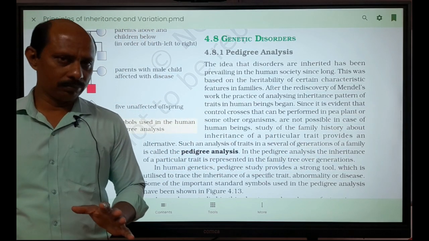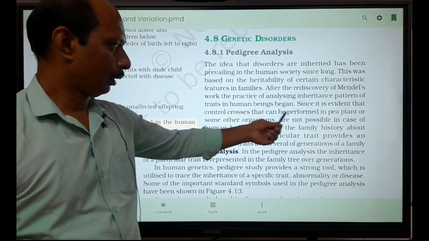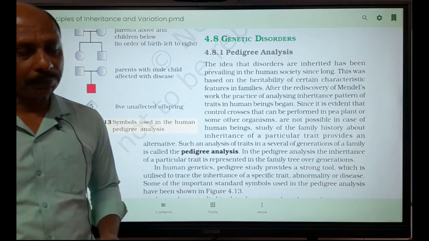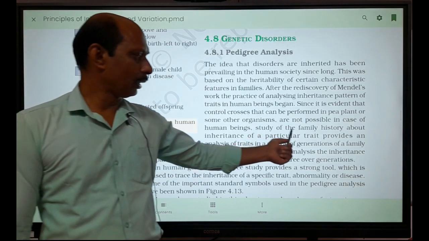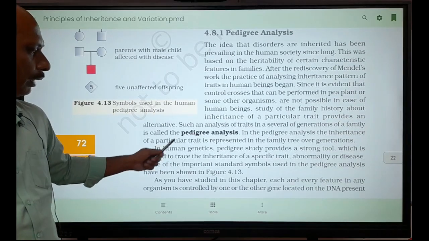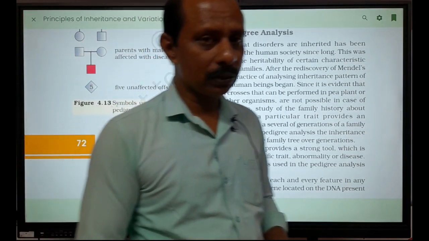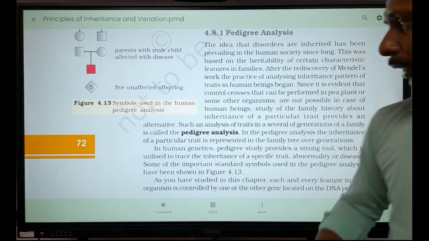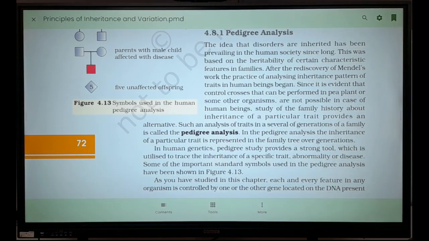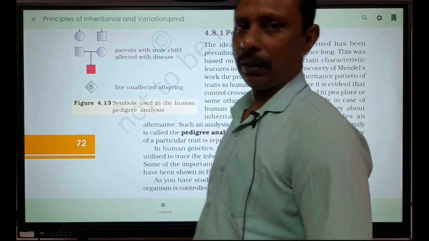We have only one manner so that we can study the inheritance of a specific trait, and that is the study of the family history, right? Such an analysis of traits in several generations of a family is called pedigree analysis, right?